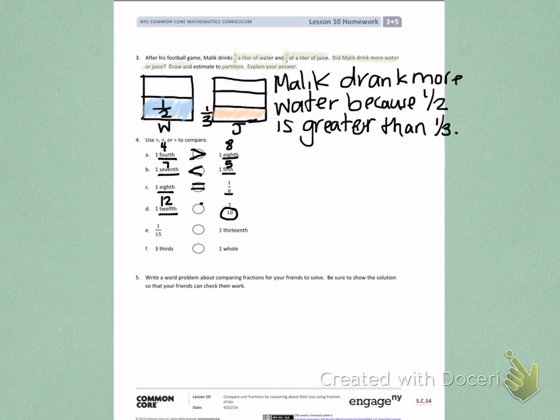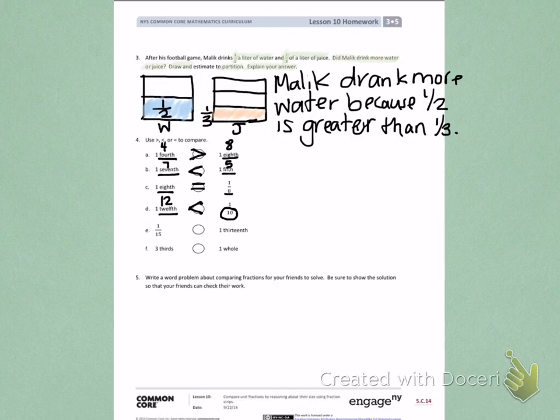So I'm going to give 1/10 2 dots since it's larger, 1/12 1 dot, and connect the dots. So I have 1/12 is less than 1/10. Try E and F on your own.